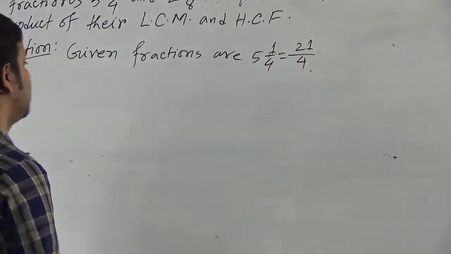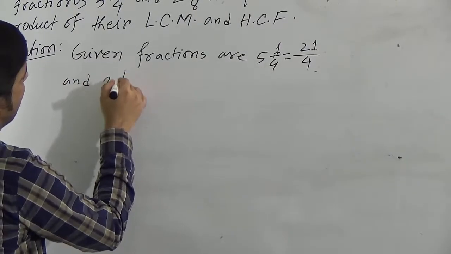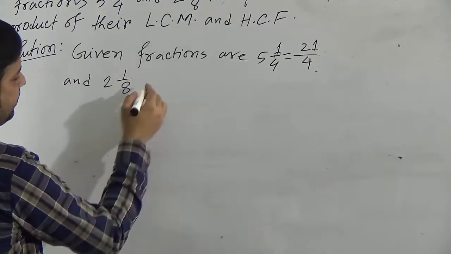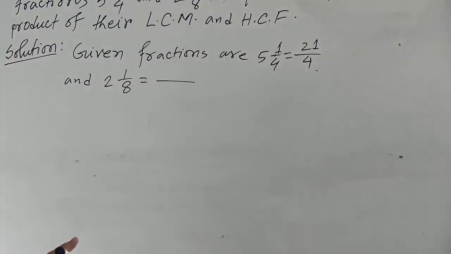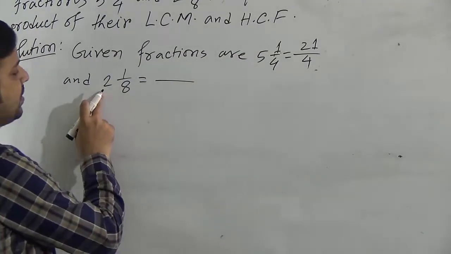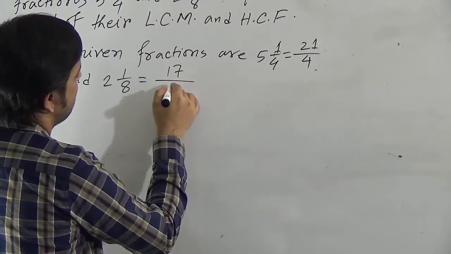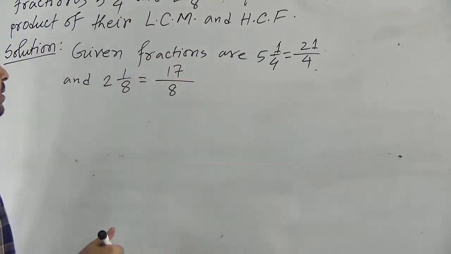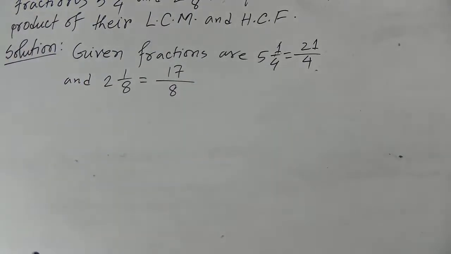The denominator will remain the same. Another fraction is 2 integer 1 by 8. If we convert this into improper, 8 2s are 16 and 1 is 17, over 8. Now we can find the product of these two fractions.